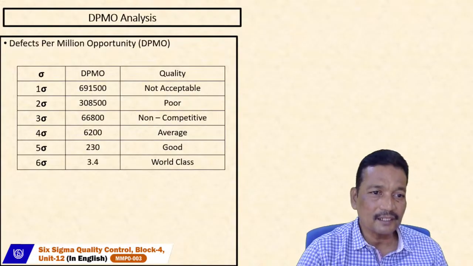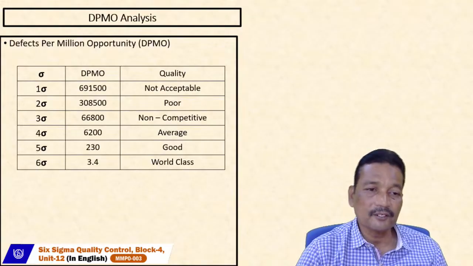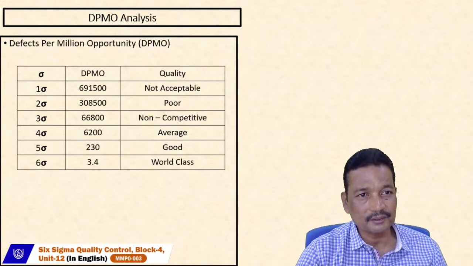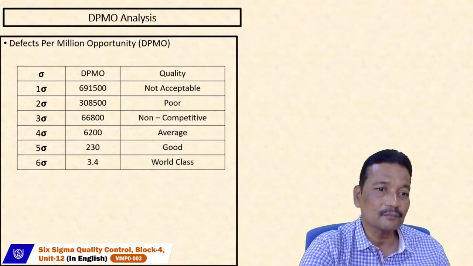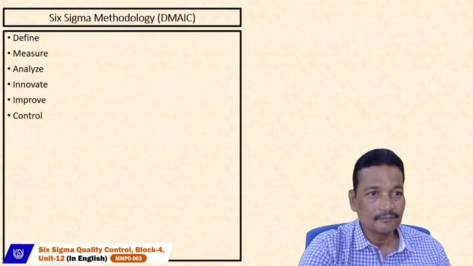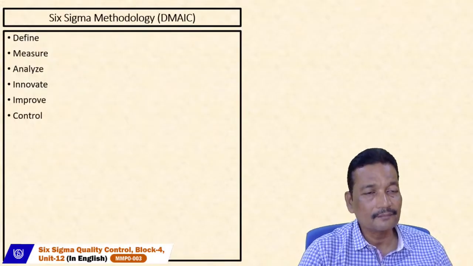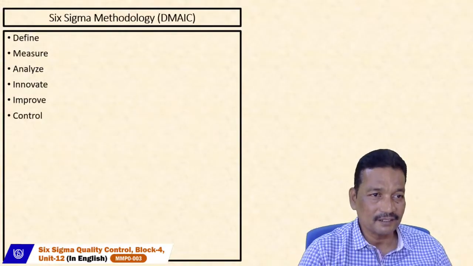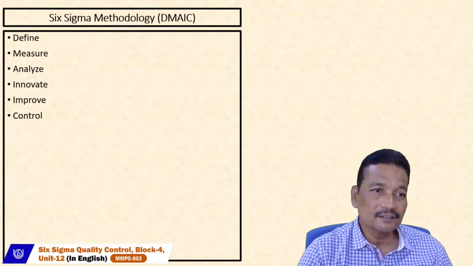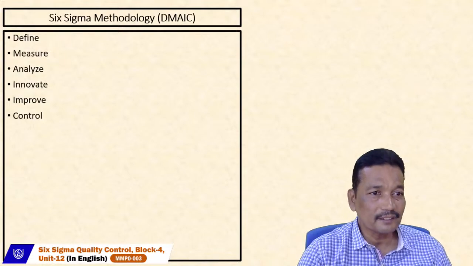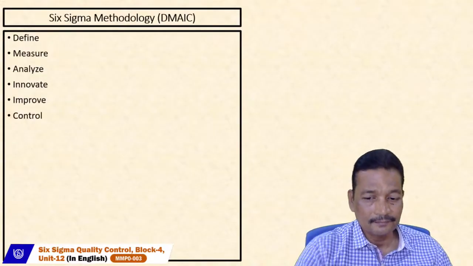As we move on to higher sigma levels, at 6 sigma level we produce world class items. That means for 10 lakh items, only 3 items will be defective. The Six Sigma methodology is based on DMAIC: define the item, measure it, analyze, innovate new methods, improve it, and have a control process to check it.